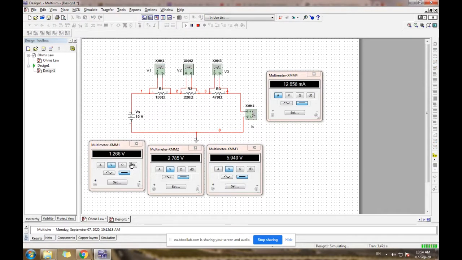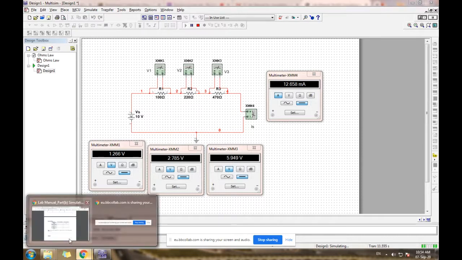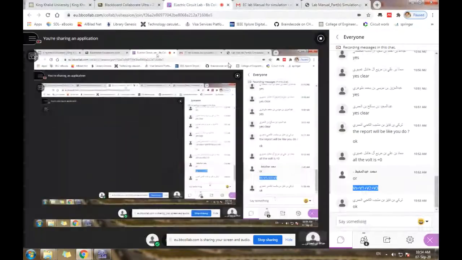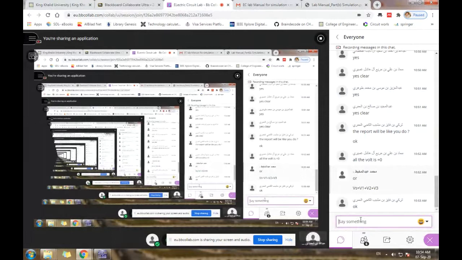Right? So now if you click run, what are the voltages? V1 is 1.266. V2 is 2.785. V3 is 5.949. So let me write here, when simulated for KVL, what you get. V1 is 1.266 volts.